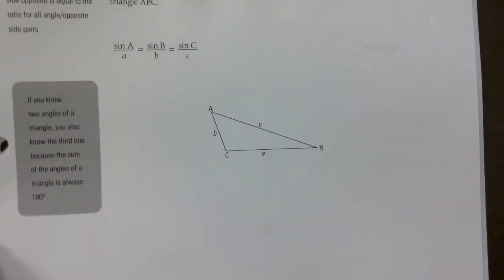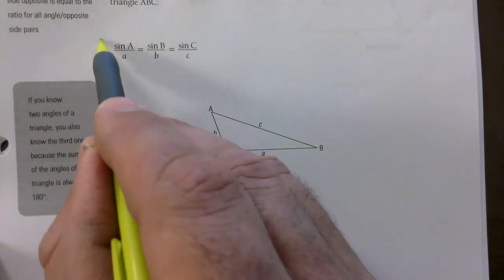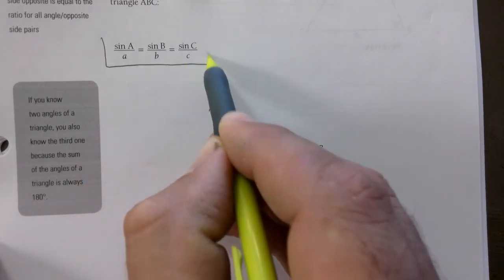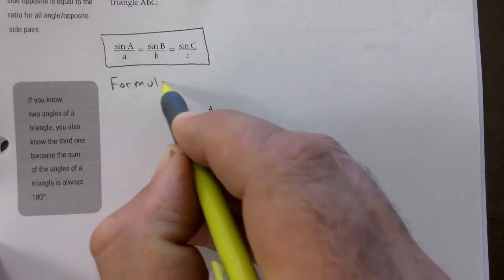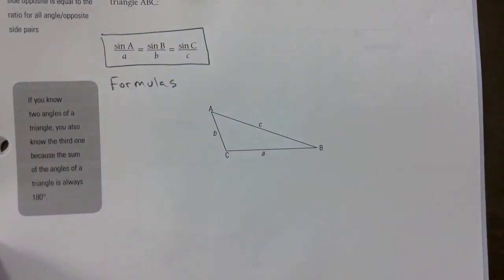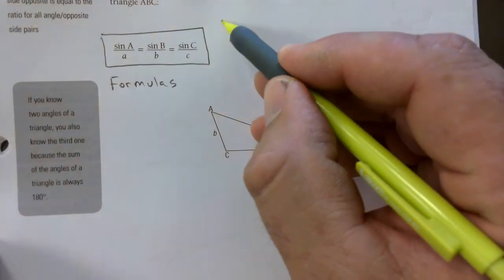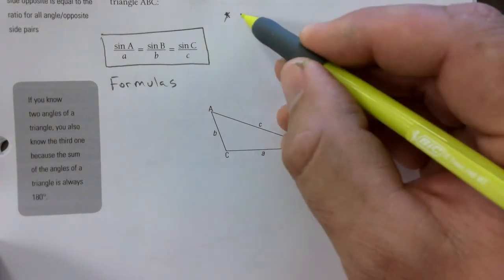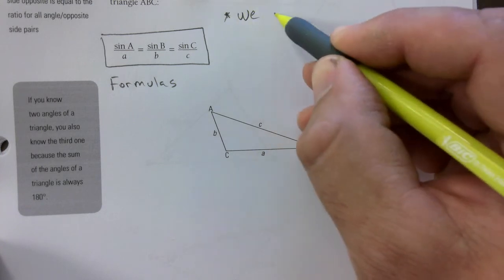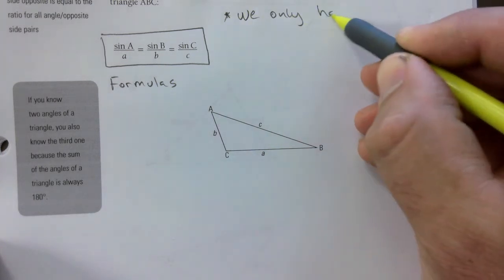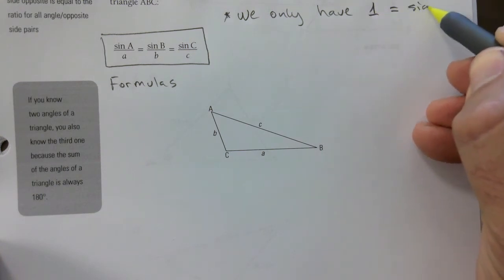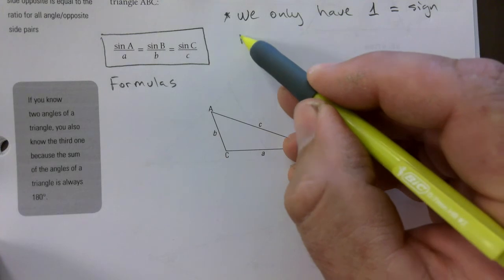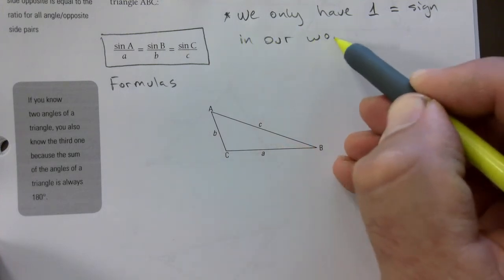So here I'm going to add a few things. This is the formulas, right? I would add that to my study sheet for sure. And a note is, right, we only have one equal sign in our work, okay?